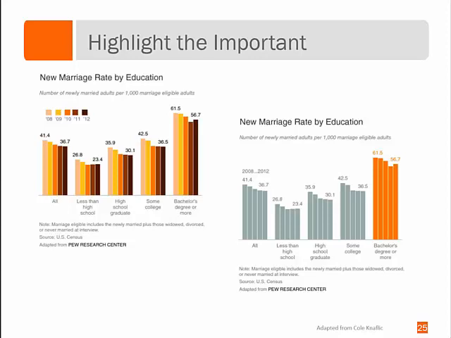And then we've used some labels for the high and low points, or at least different bars in these comparisons of different educational categories. Now, the point that's trying to be made here is the number of newly married adults per 1,000 marriage eligible adults.